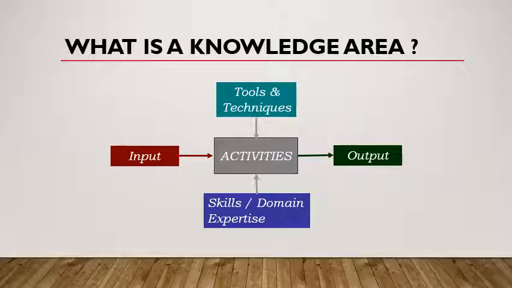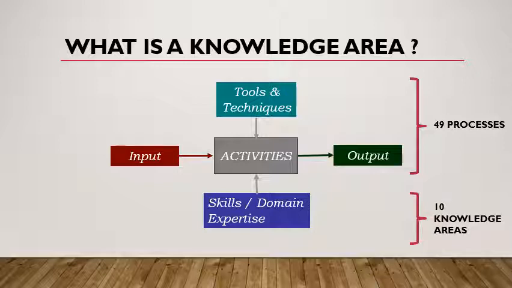Based on the skills or the domain expertise required, the processes are grouped into different knowledge areas. We have 49 processes in total, and these 49 processes are distributed among 10 different knowledge areas based on the specific skill or the domain expertise required to execute these processes successfully.